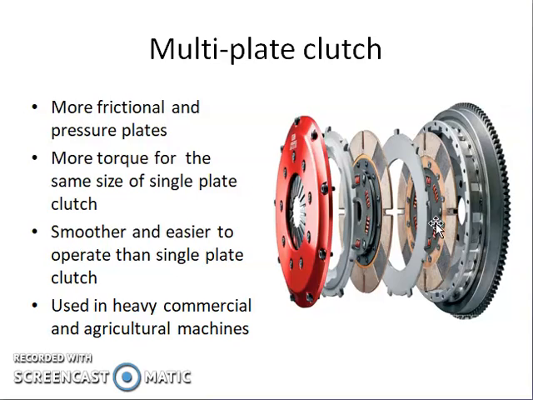The multi-plate clutch has the advantage that more torque can be transmitted for the same size as a single plate clutch, and it is smoother and easier to operate. Multi-plate clutches are usually used in heavy commercial and agricultural machines.